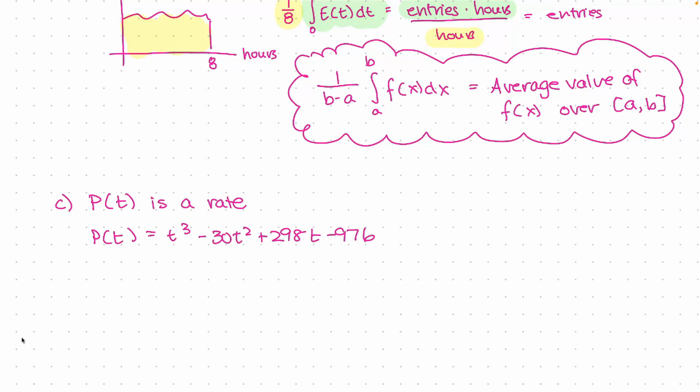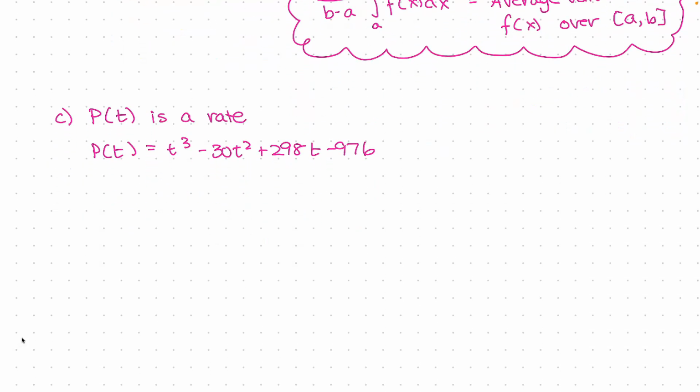According to the model, how many entries had not yet been processed by midnight? T equals 12. This actually is a good one to follow up from what we were just discussing with part B. So we want to know how many entries have not yet been processed at the end of the 12 hours. So this is the rate of entries processed, and again, this is hundreds of entries processed from 8 p.m. to midnight.